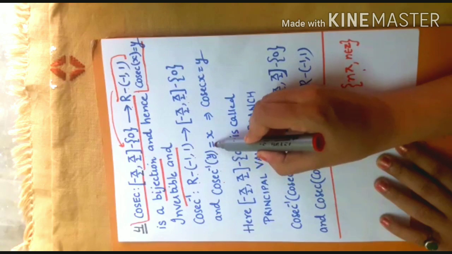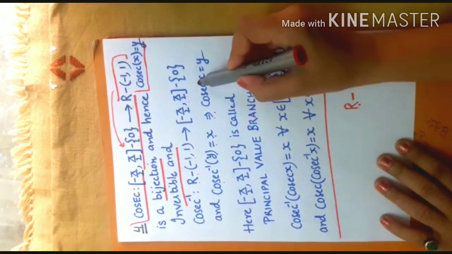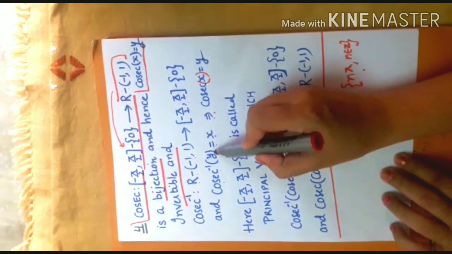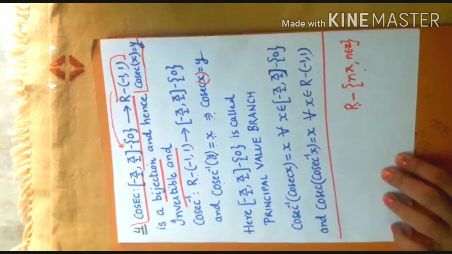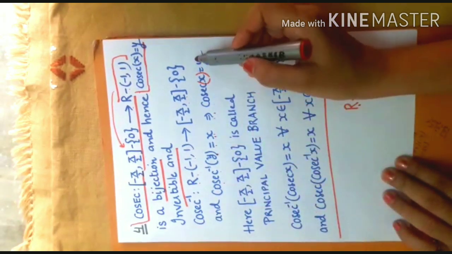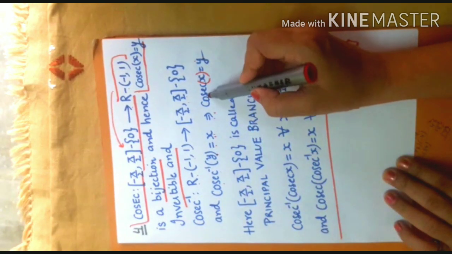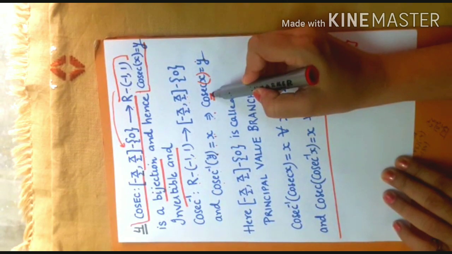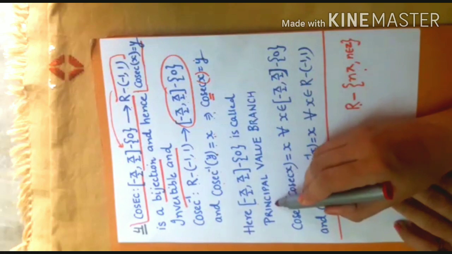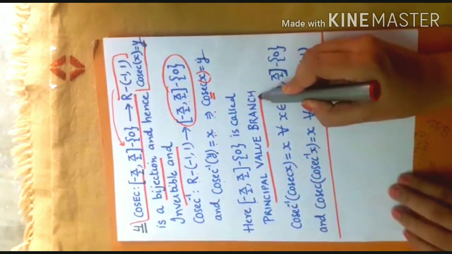Cosecant inverse y is equal to x implies cosecant x is equal to y, because y will be associated with its pre-image under the function cosecant. So x has to be the preimage of y under the function cosecant. Here this is called the principal value branch.